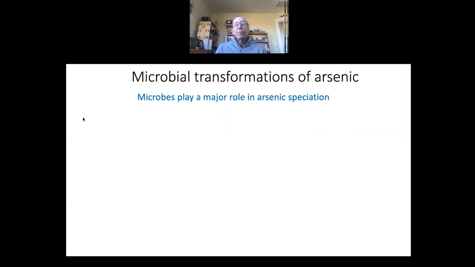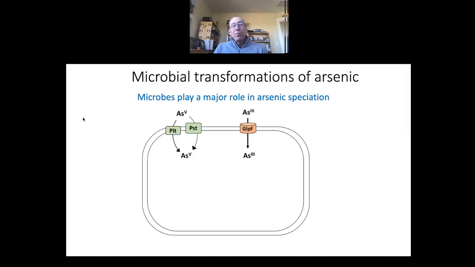So let's look at this microbial transformation of arsenic, because they're important in the speciation and the species found in the environment. So microbial organisms have transporters that can take up arsenate. And in this case, it's actually transporters whose main role is to take up phosphate.